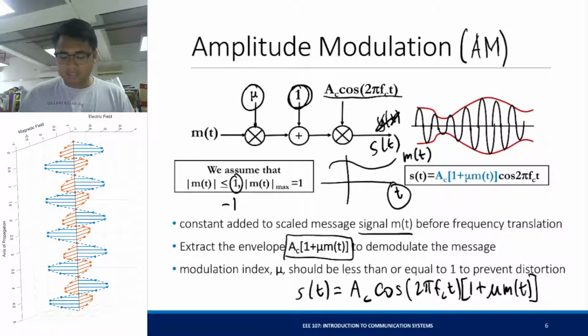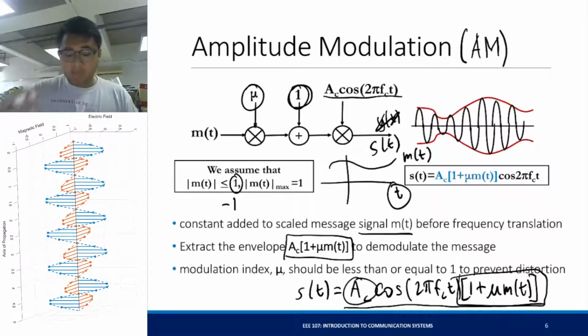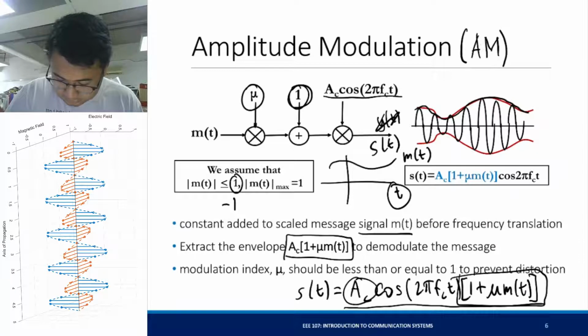Okay. And this is your AM wave already. The envelope, which is AC multiplied to this factor, if you are able to extract that envelope, you will be able to recover the message. As you can see here, the message looks like this.